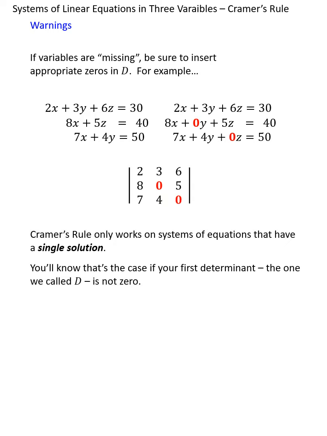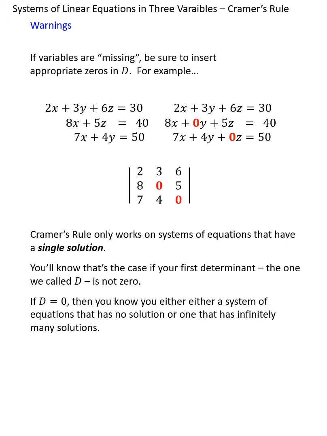Well, one way you can tell is when you compute that first determinant, if it's not 0, cool fact of matrix algebra, if that first determinant is not 0, which it almost never is, you definitely have a single solution, and then you can proceed to determinants 2, 3, and 4, and Cramer's rule will work.